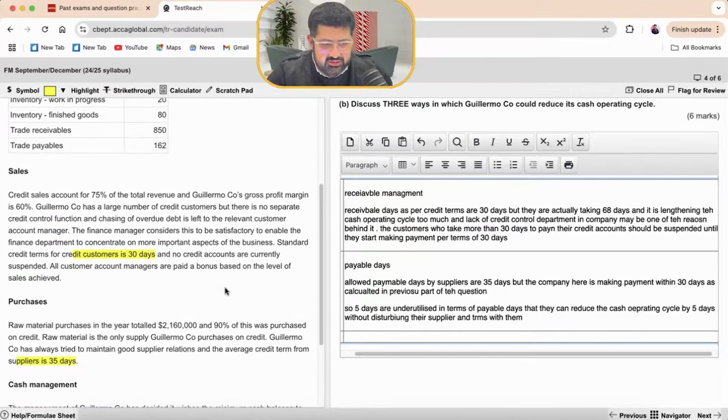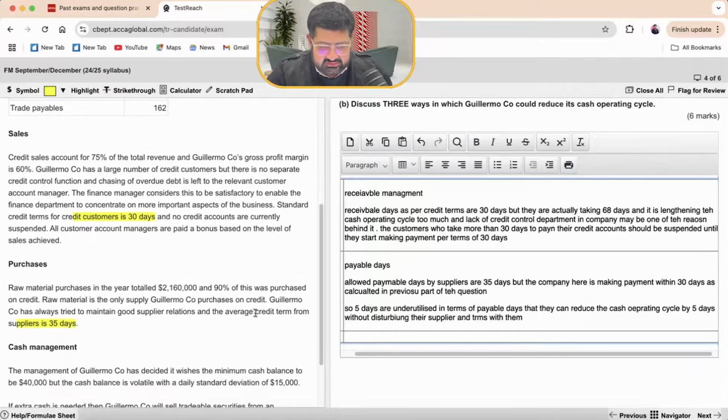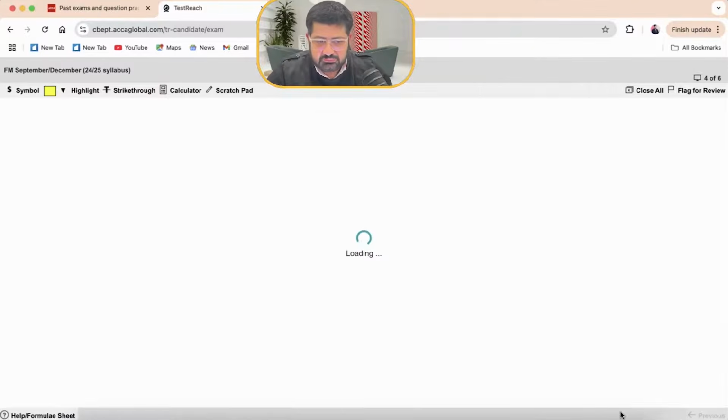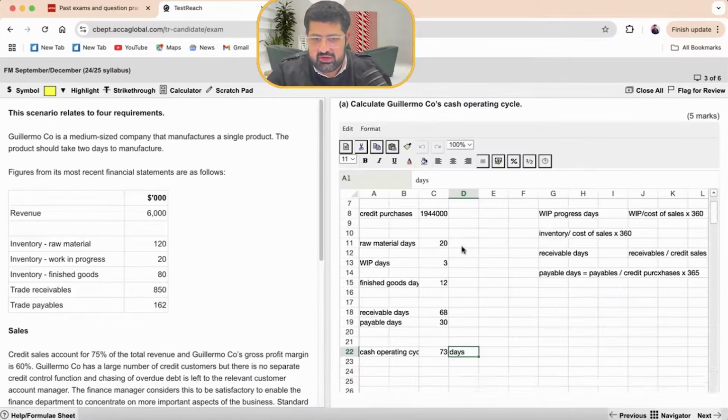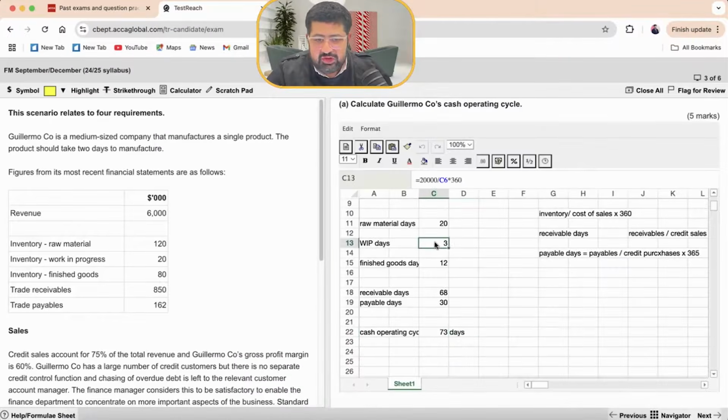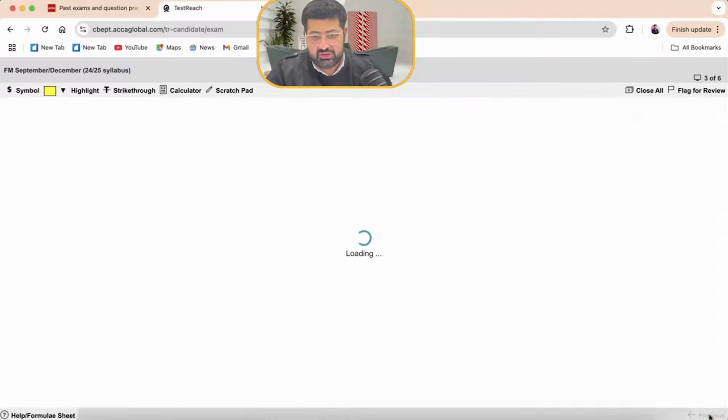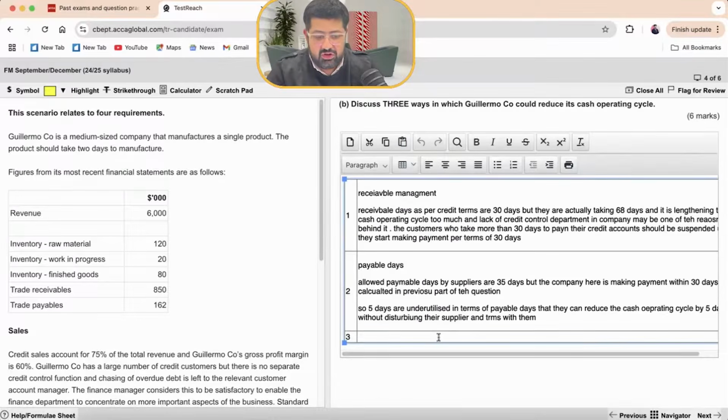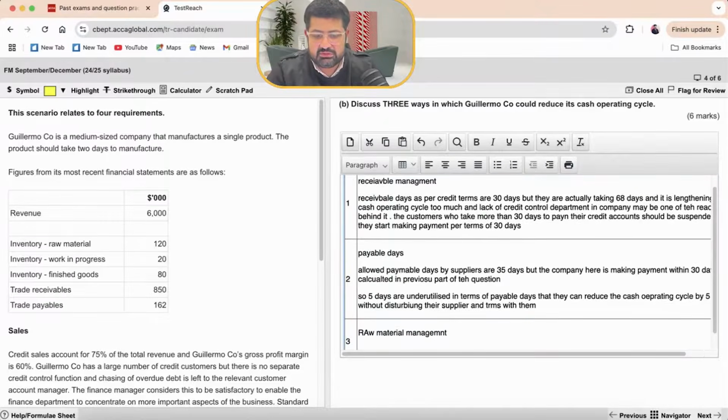Then you see here, one thing we calculated that work in progress days are 3 only. Means it takes 3 days to manufacture a finished good. So raw materials are 20. So why do they keep raw material too much in the inventory? So then is the raw material management.